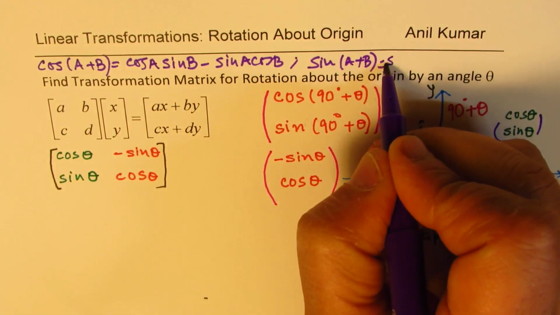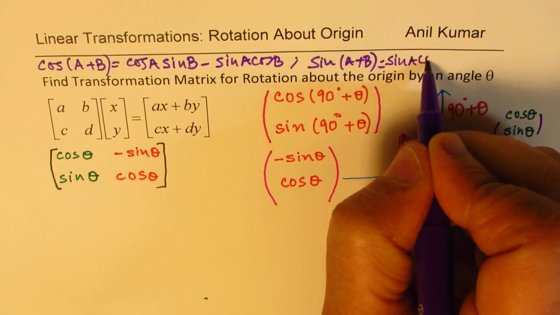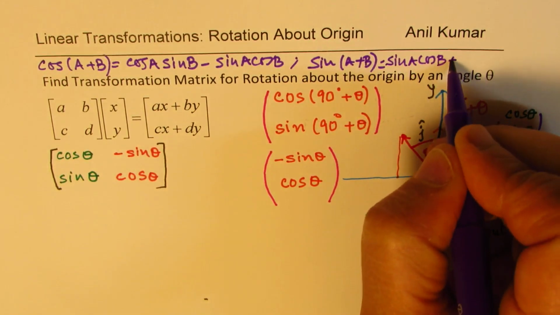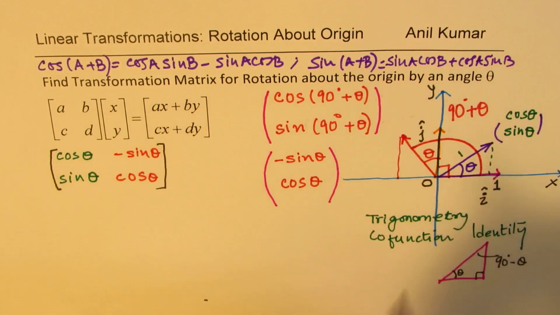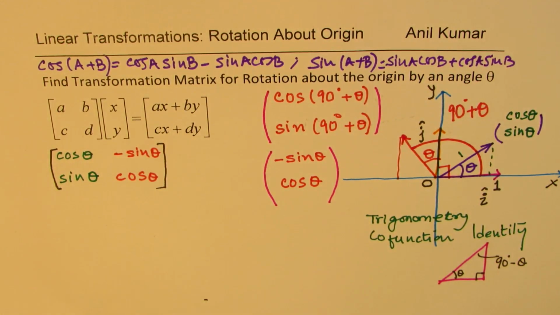That is sine A cos B plus cos A sine B. Now these formulas are also referred to as rotational transformation, right? So that is the word you can connect with.